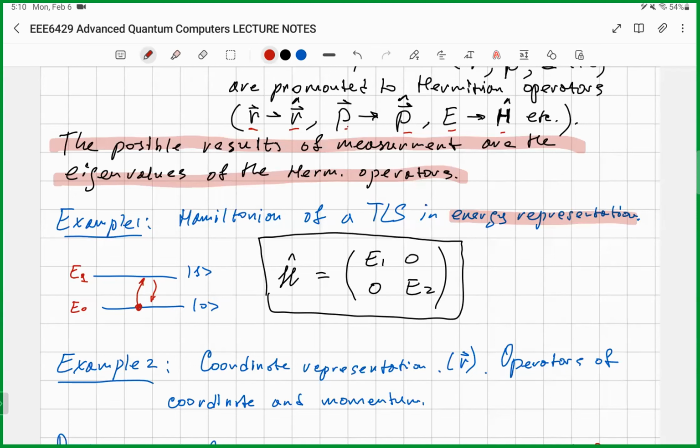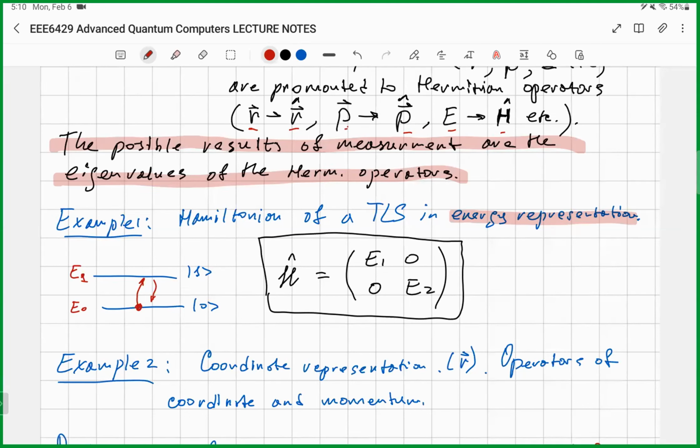And the possible results of measurements, like for example when I measure a coordinate or measure energy, these results of measurement are eigenvalues of the corresponding Hermitian operator.